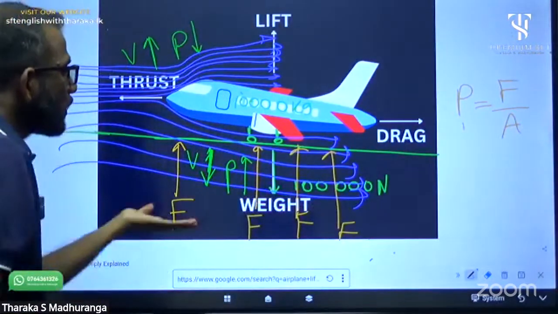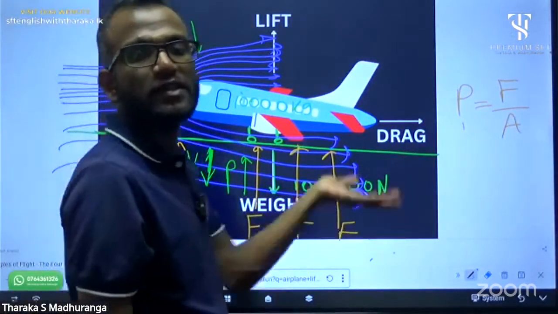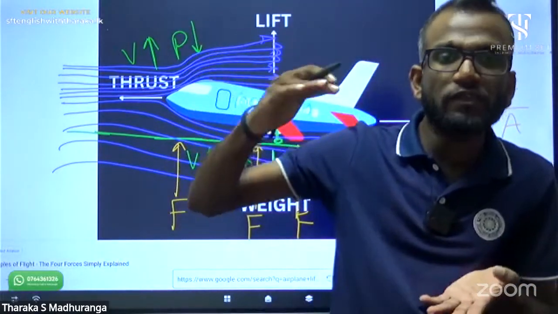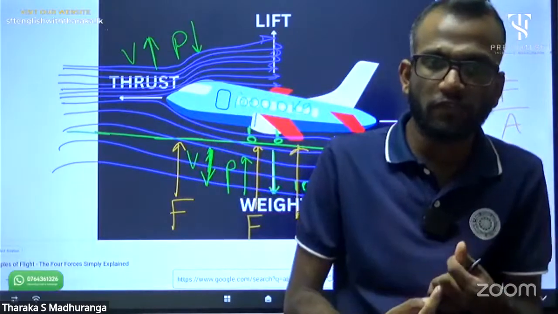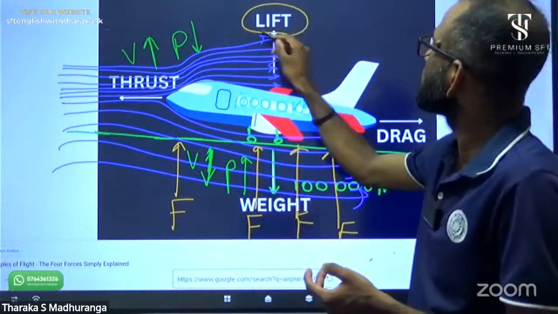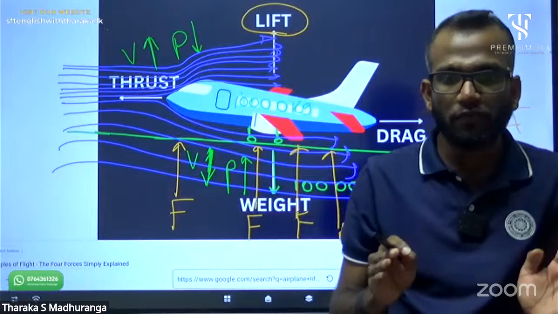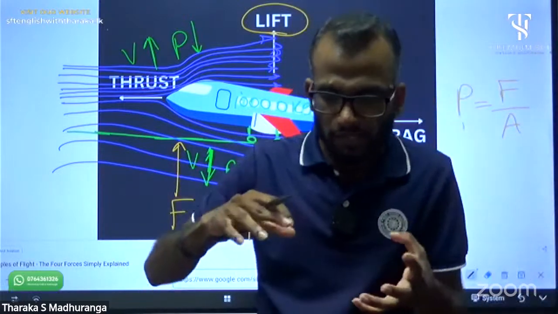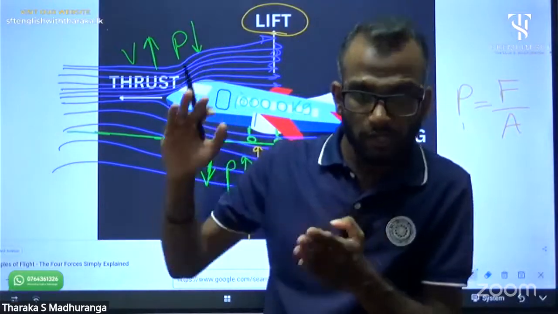A force is exerted from the lower side upward. That we call the lifting force. Right? Now the airplane speed is increasing.